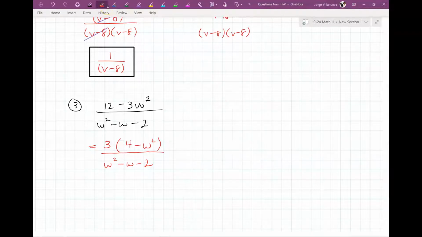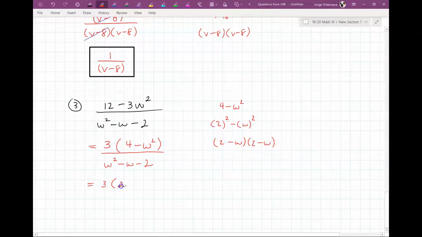The 4 minus w squared is the same as 2 squared minus w squared, which would be (2 minus w) times (2 plus w). So the top is 3 times (2 minus w) times (2 plus w).